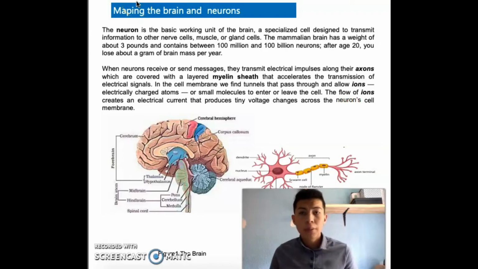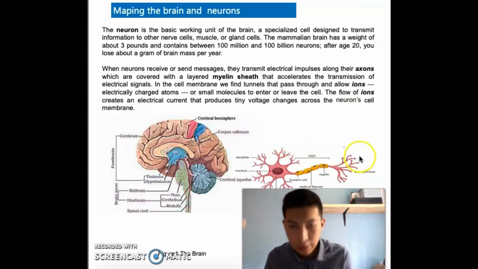Well, first, I'm going to talk about the neuron, which is the basic working unit of the brain. It's a specialized cell designed to transmit information to other nerve cells, muscle, or gland cells. But how is that transmission in the neuron? When the neurons receive or send messages, they transmit electrical impulses along their axon.